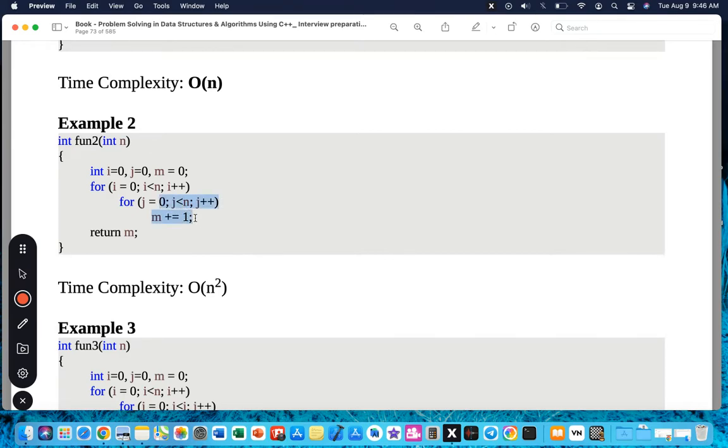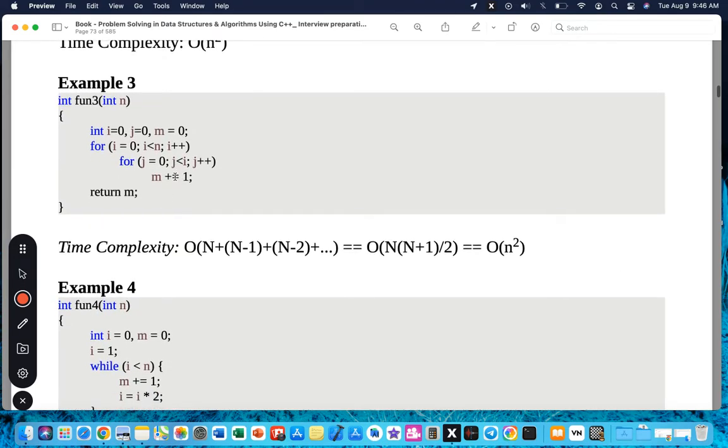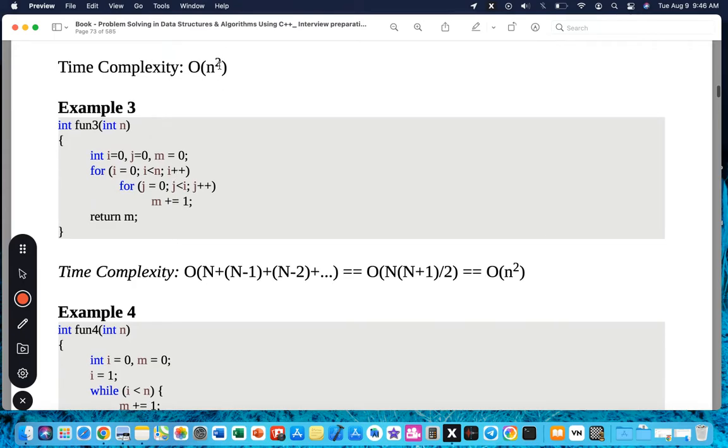After this inner loop ends, it will repeat on the outer loop, then return the sum. Time complexity n square.